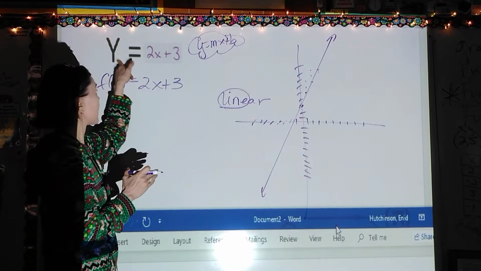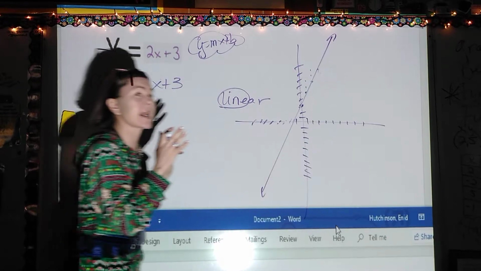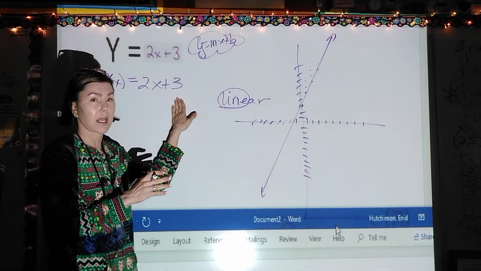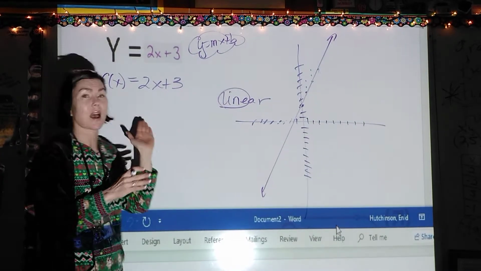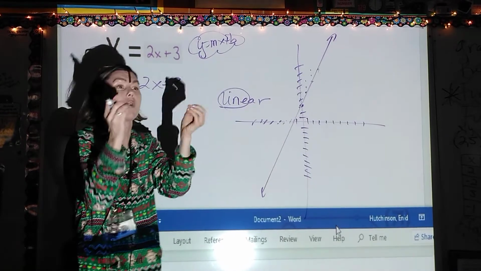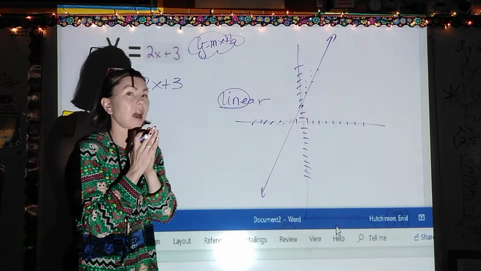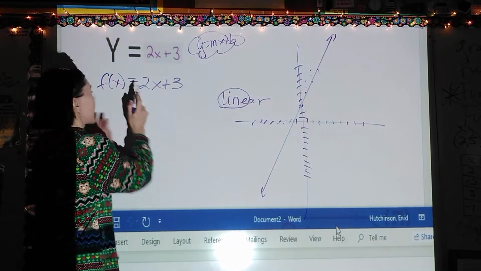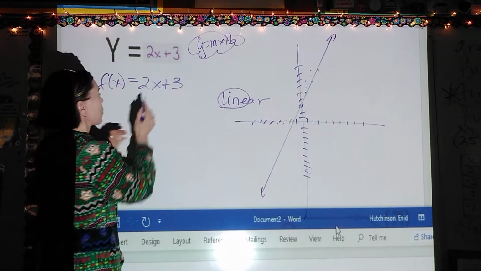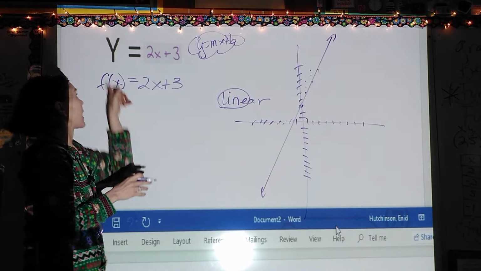So when we say y equals mx plus b and y equals 2x plus 3, we're also simultaneously saying f of x equals 2x plus 3, because y is the same thing as f of x. Because we know that parentheses means multiply in algebra, but don't confuse the f of x as f times x. That's not what it is, okay? It means the function of x. Whatever value we put in for x here will give us our y value.